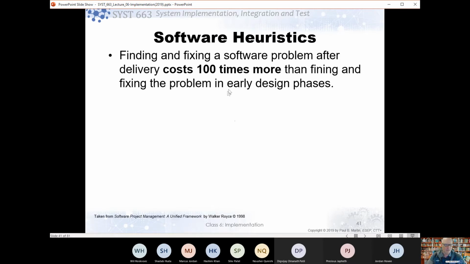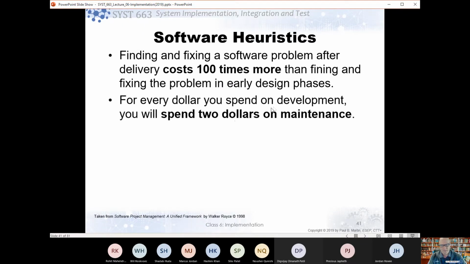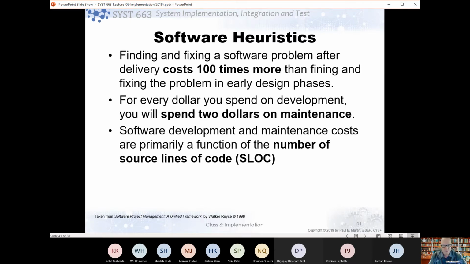So it's like 100 times more expensive than if you found it back at the very beginning when you actually developed the design. And for every design dollar you spend on development, $2 is spent on maintenance. So that's a good heuristic.